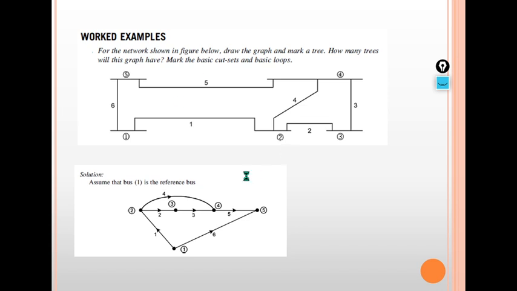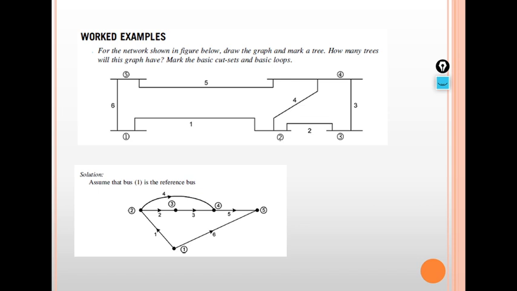If you get this, you can find the incidence matrix and the reduced incidence matrix. From this you can find the number of possible trees, meaning you can eliminate any one bus and see how the current will flow. From this you can find the tie-set matrix and cut-set matrix, and apply KCL and KVL.